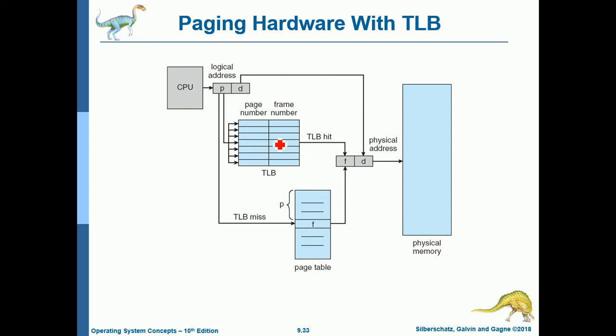So what if the value is not in the TLB? Then it's a TLB miss. The page number will be acquired from the page table, and this will be loaded here.